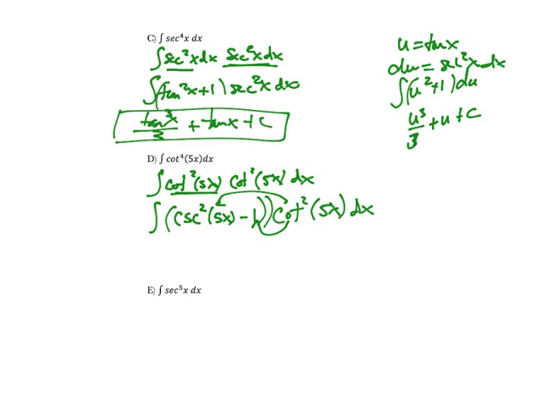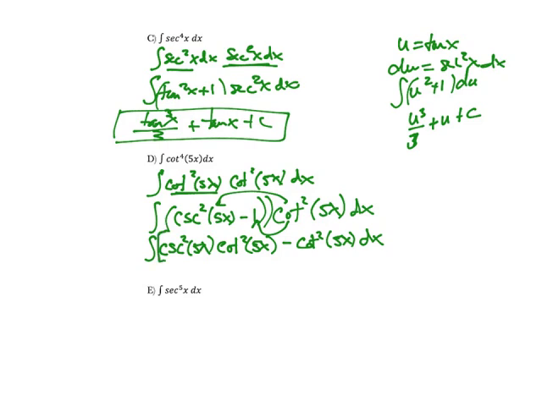So that would give me cosecant squared 5x times cotangent squared 5x minus cotangent squared 5x dx.